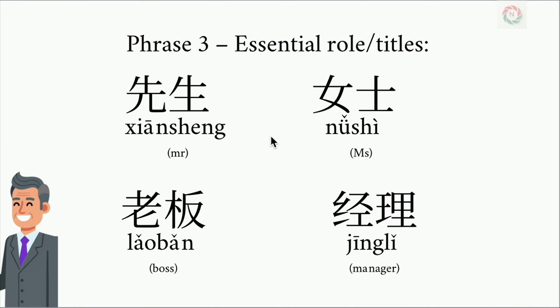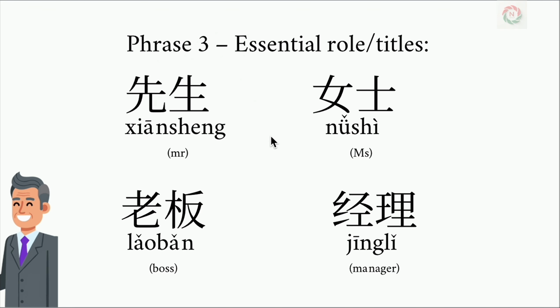Now, one thing you need to know in Chinese is that the titles always come last. The surname comes first and the titles come last. For example, if somebody's surname is Li, that means you say Li Mr., not Mr. Li, the way we say it in English.